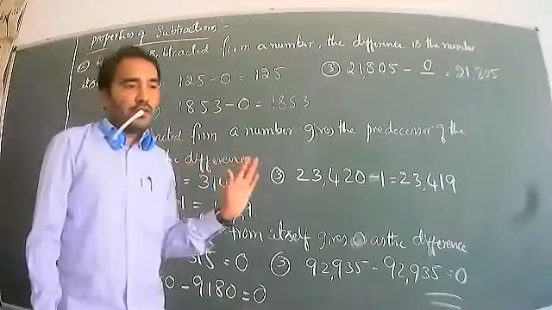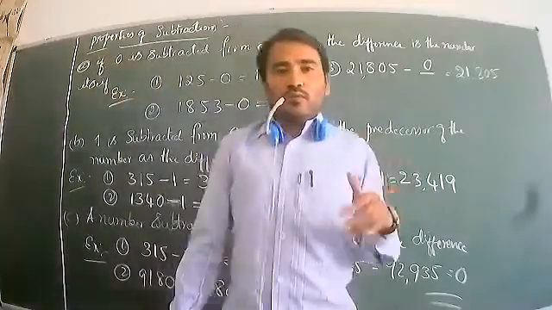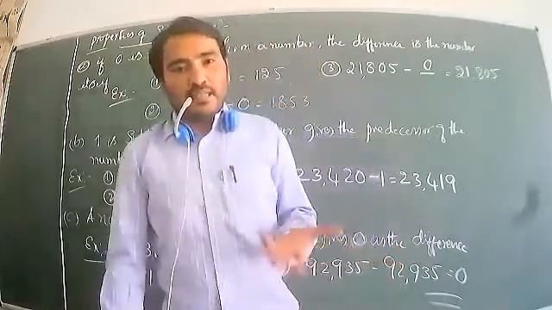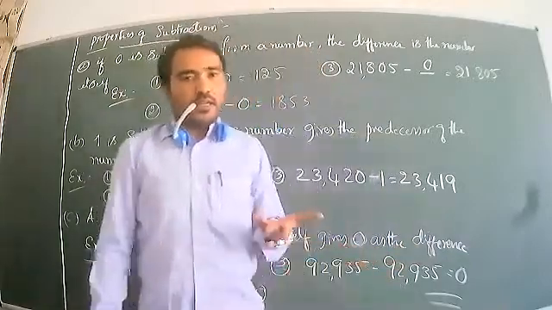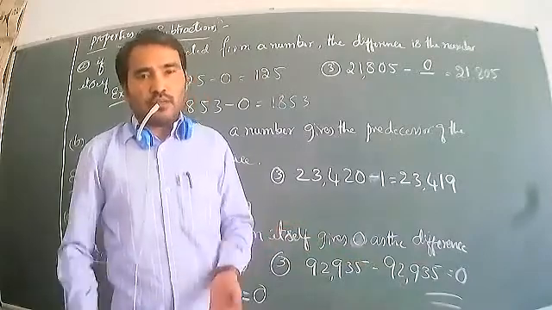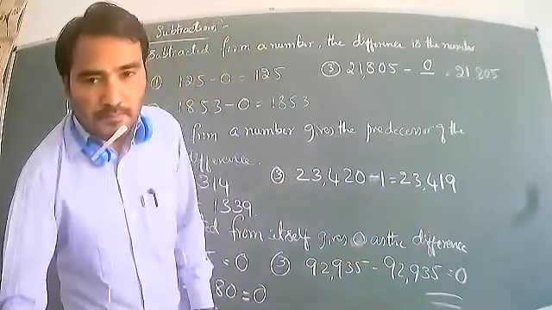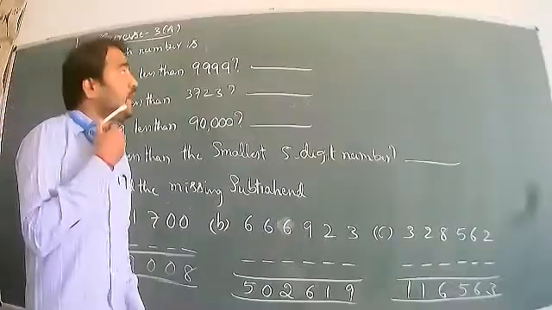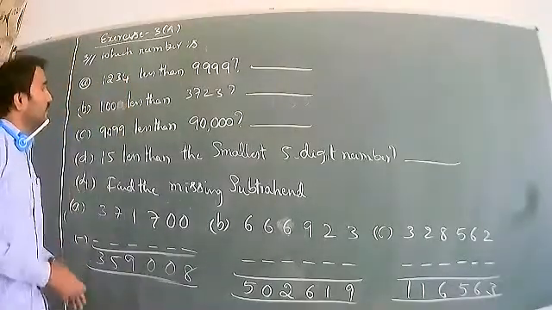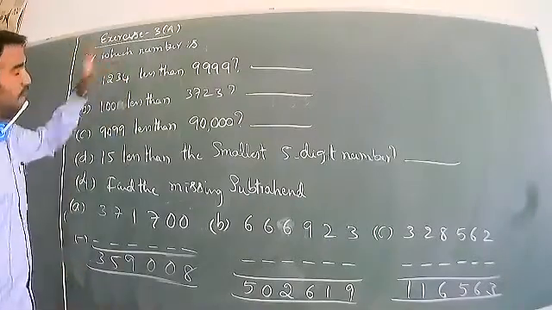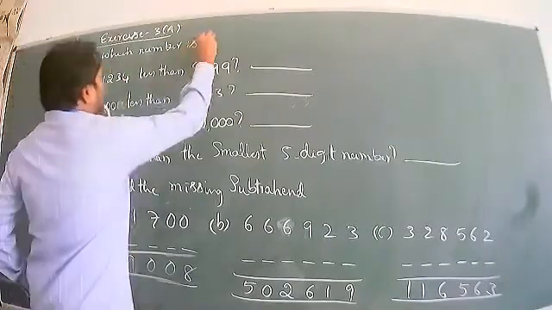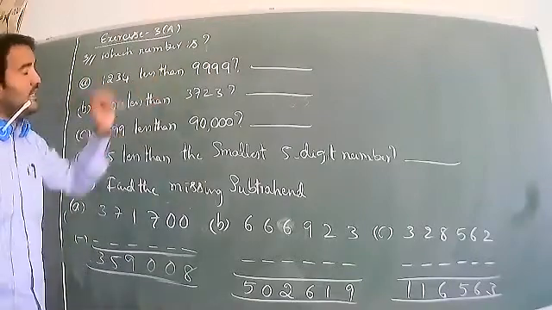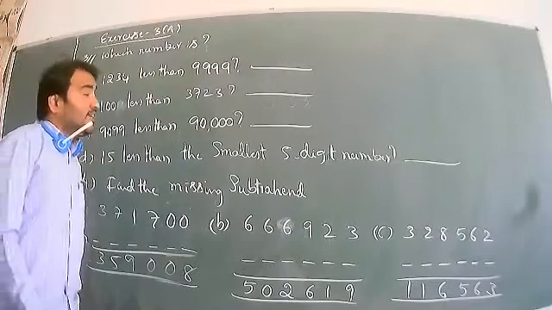Now I will go to exercise 3a. You have to find the missing numbers, and questions with less than. In exercise 3a, the third question: which number is 1234 less than 9999?